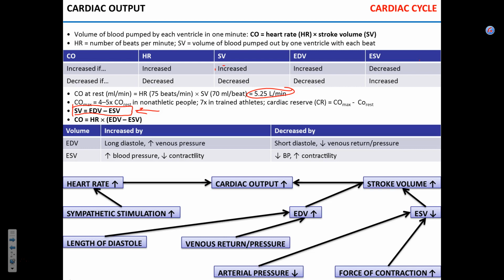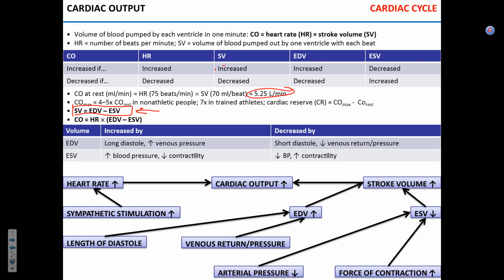And now, here's the deal. How can you calculate how much blood is pumped in 1 minute? You need to measure stroke volume, and you can do it using echocardiography, okay, ultrasound of the heart, and you need to count the number of beats per minute.